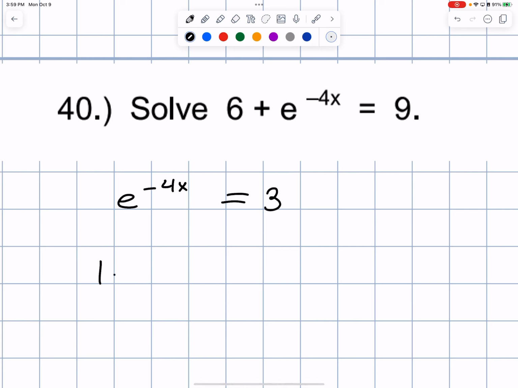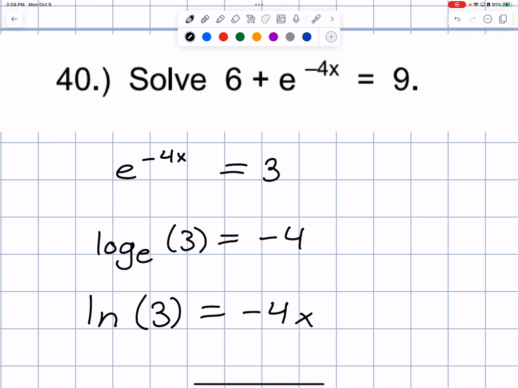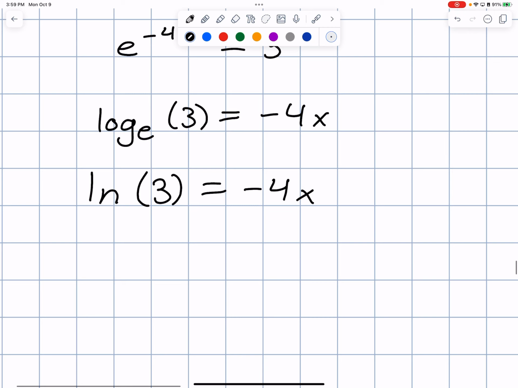So I could write log base e, but most of the time you'll see that as natural log. So the log base e of 3 is equal to negative 4x. Then to get x by itself, I divide both sides by negative 4. X equals the natural log of 3 divided by negative 4. And that's it.